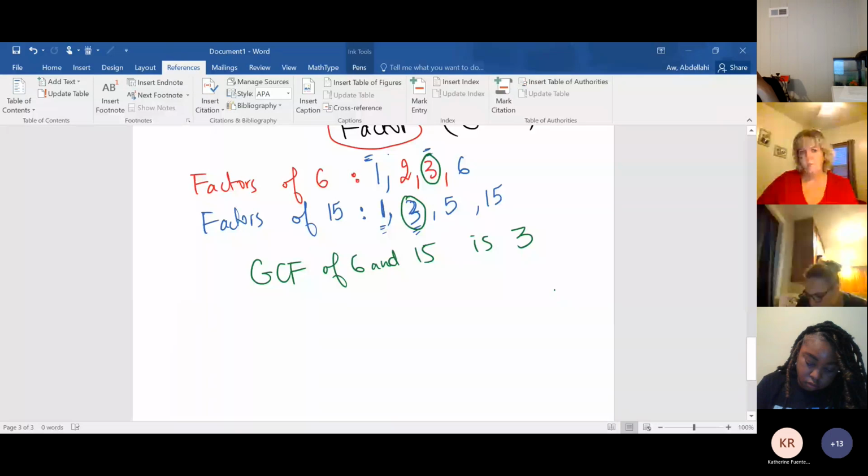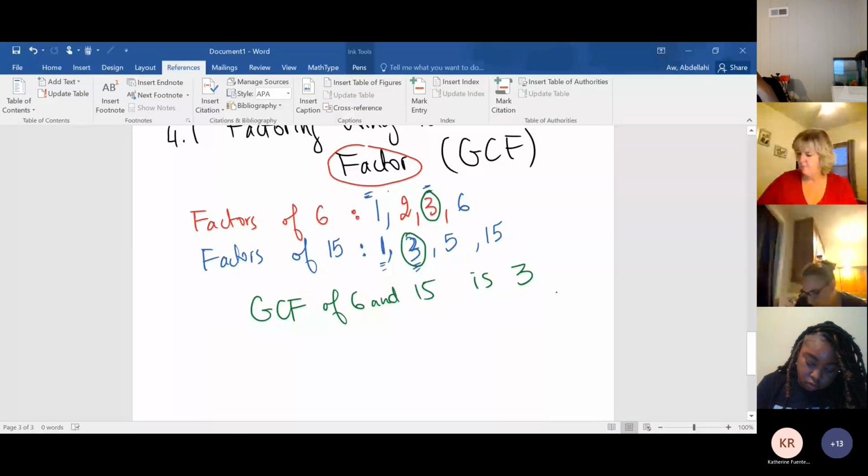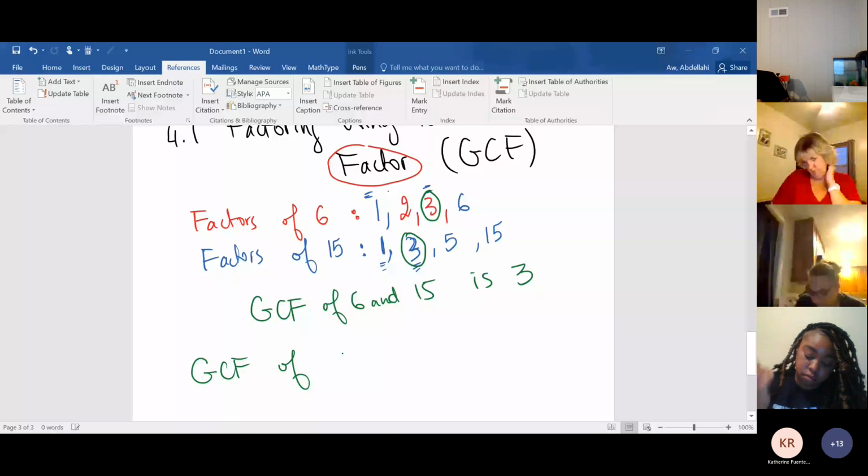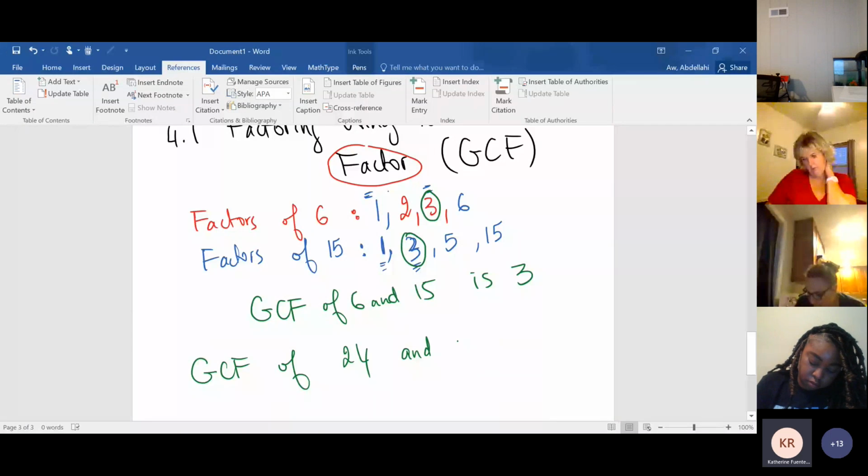Of course, right here, we're going to try to do this mentally. Is it very practical on a test to write all this list of numbers? It's not. When you're asked what is the GCF of 2 numbers, you just try to do it mentally. For instance, what is the GCF of 24 and 30?